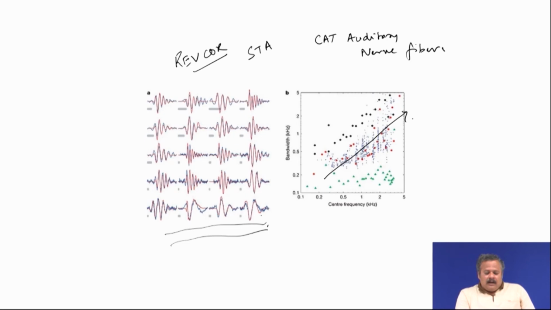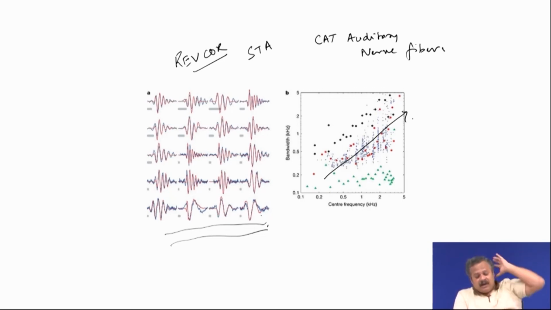So, this was the way that they showed, just like Olshausen and Field showed, that we have emergence of simple cell receptive fields, although that is at a much higher level, in the sense that it is in the cortex, in the primary visual cortex.